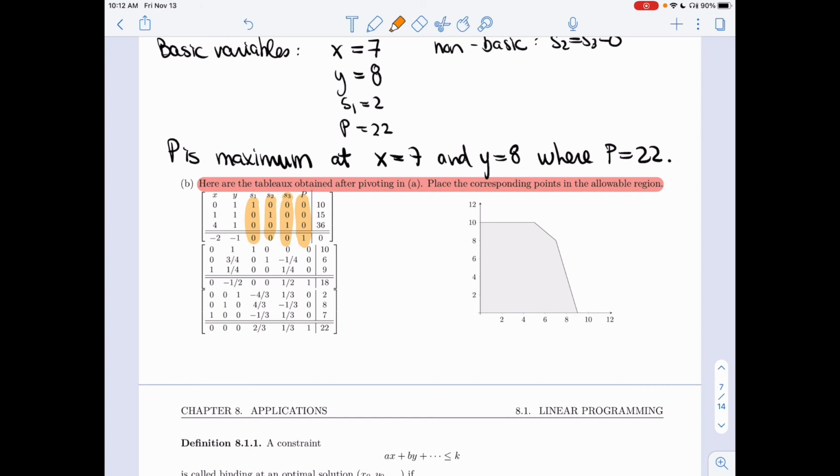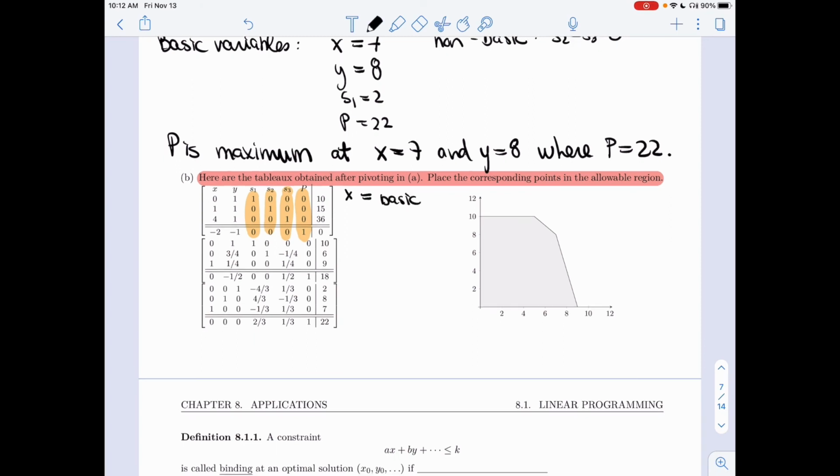All of these are assigned the values 10, 15, 36, and 0, but x is non-basic, and so we get 0, and y is non-basic too, and so we get 0. So the starting point is the origin, and that's usually the starting point for all of these.